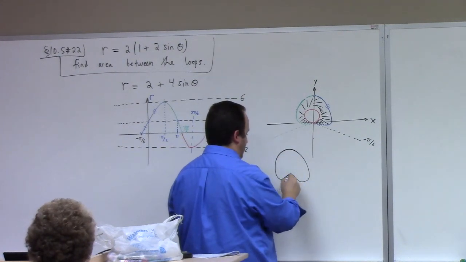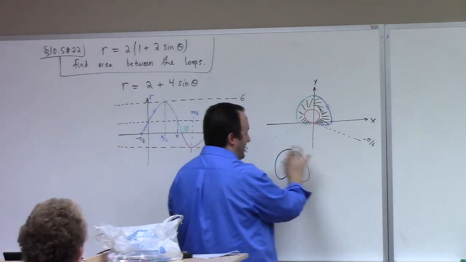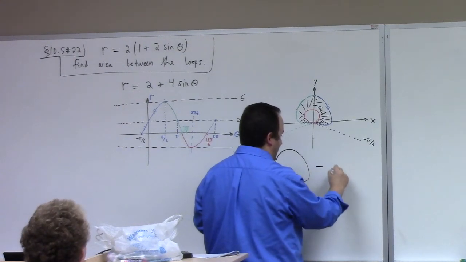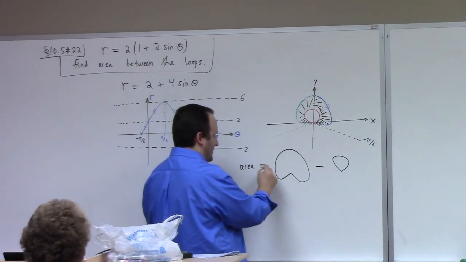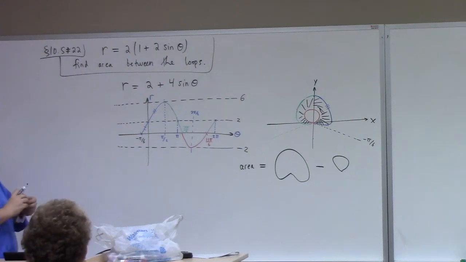Not a very good picture. It's like a deformed tooth or something. Then I would subtract the area of the inner thing, and that would give me the area.